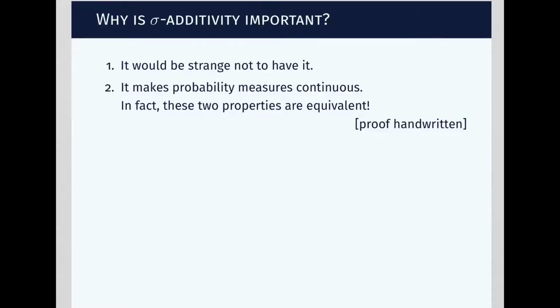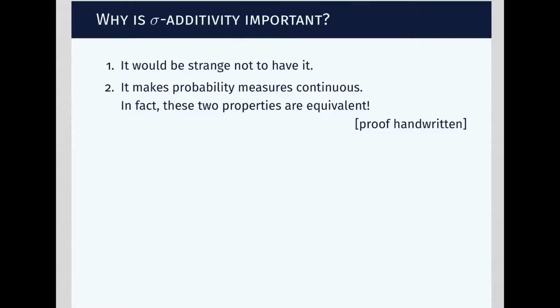But there is a possibly stronger reason why we want probability measures to be sigma additive. It is that sigma additivity will make probability measures continuous. And we have spent the previous video just to convince ourselves that we really want a continuous probability measure. So that's a very good reason why we want sigma additivity.